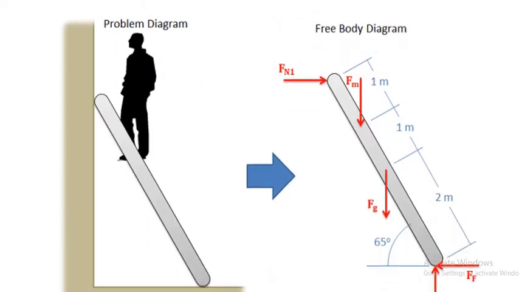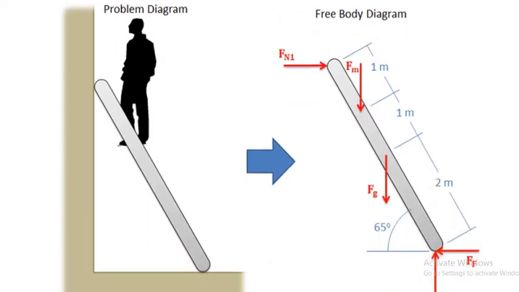Here, if you see in this diagram, a person is standing on a ladder inclined at an angle with both the horizontal and vertical. In this position, what are the forces acting?